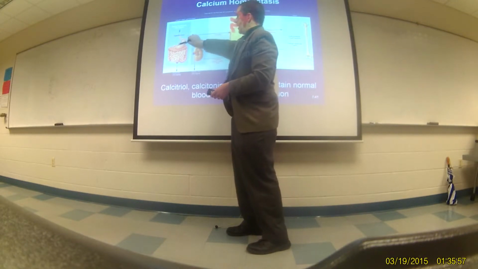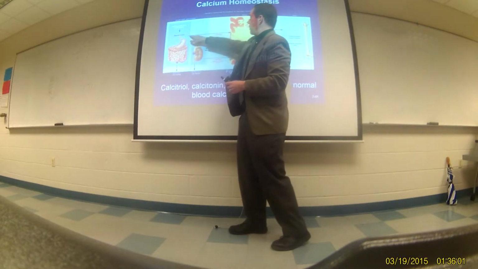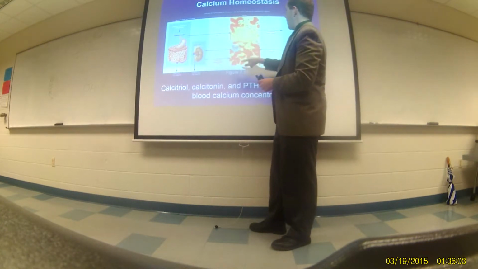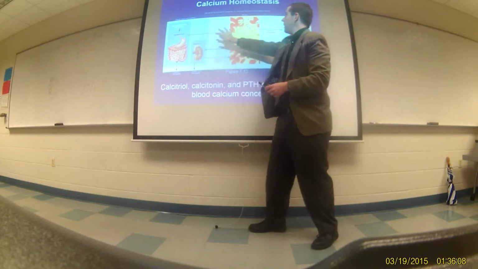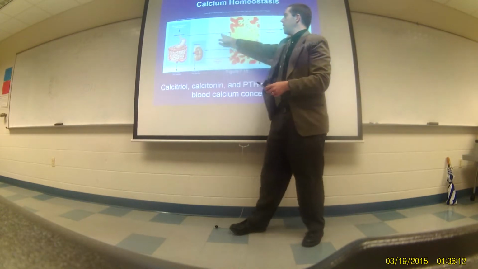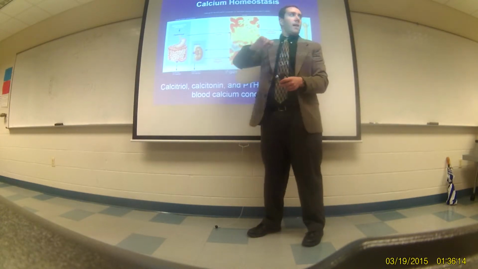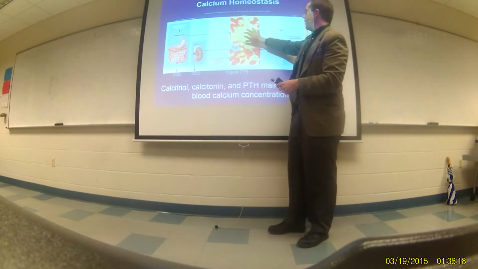We eat it, it's in our digestive tract, it's going to get absorbed. So here it's showing that calcium is getting absorbed from our digestive tract into our blood. This arrow is based off the yields arrow in chemistry. So it's saying it's taking something from here and turning it into that.